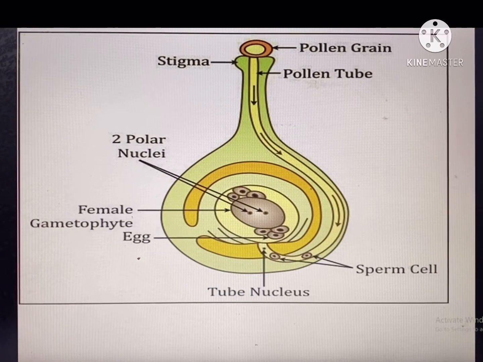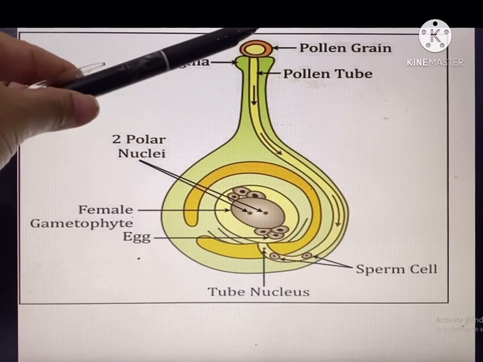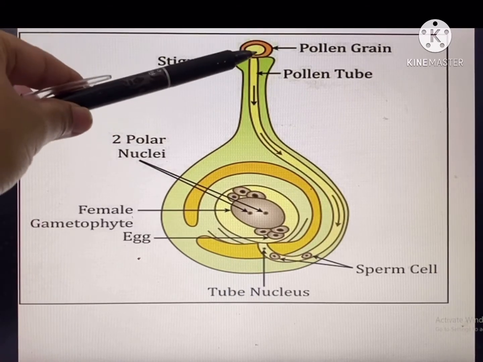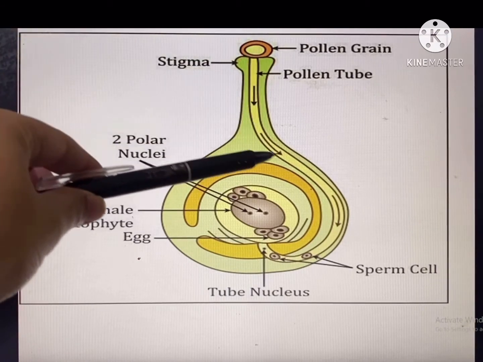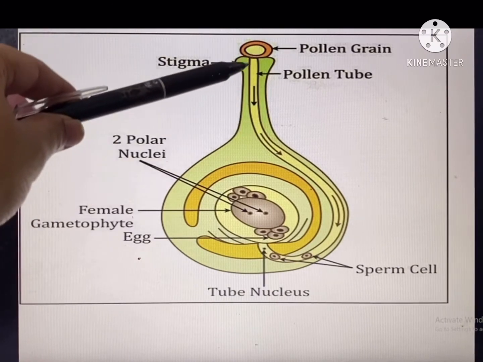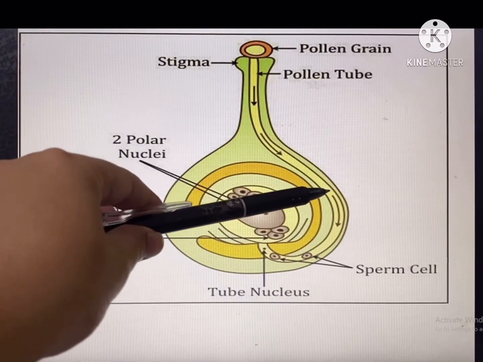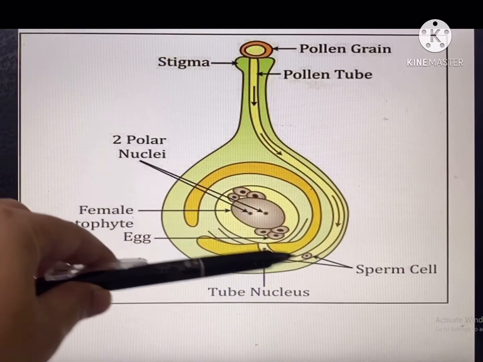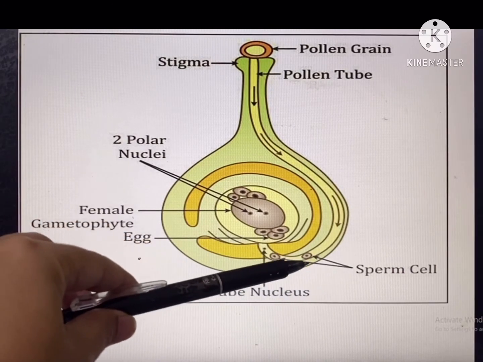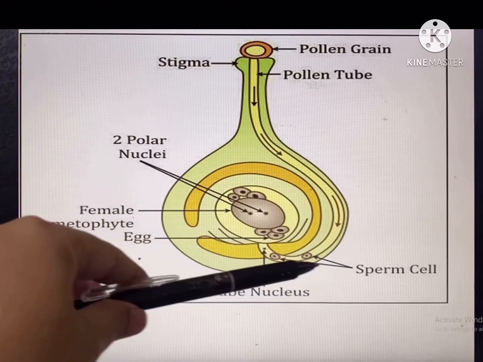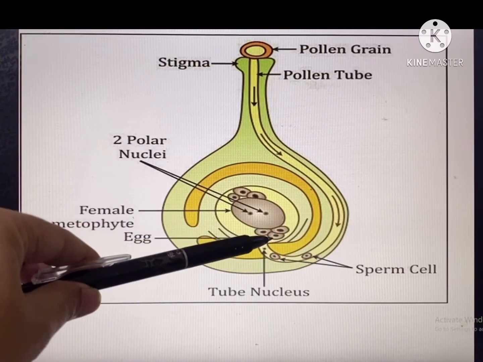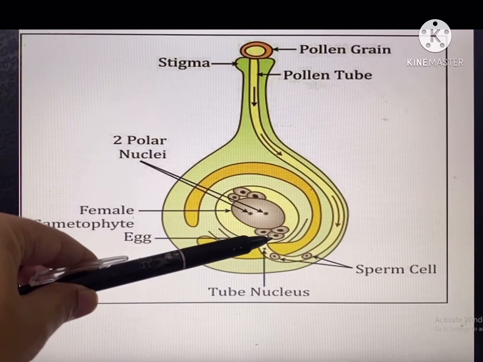So here you can see this is the pollen grain. After pollination, it settles down on the tip of the stigma, and here is the style through which a pollen tube is formed, and through this tube you see two sperm cells, or the male gametes, travel towards the ovum, the mature egg, right?